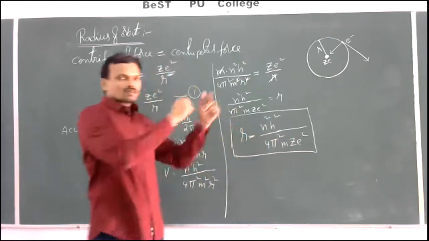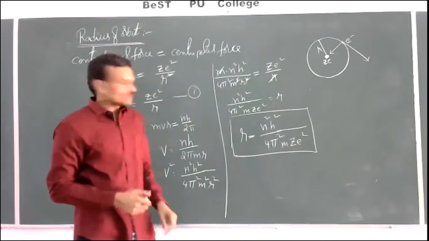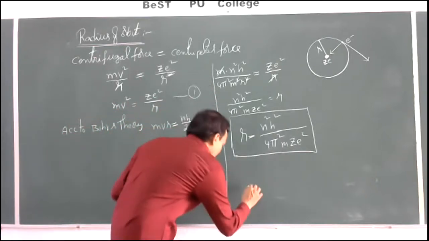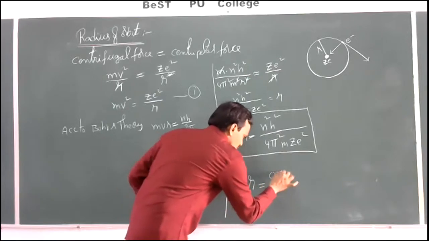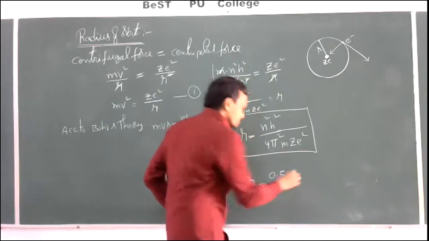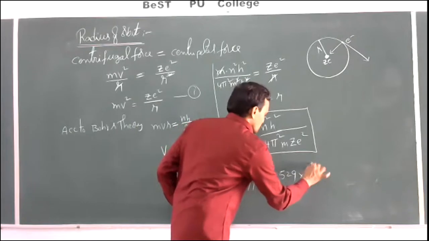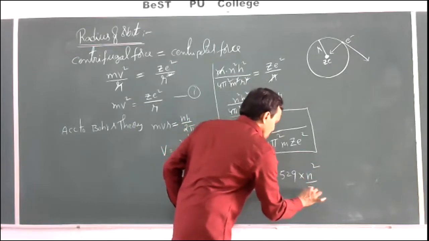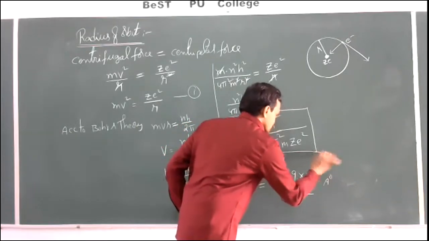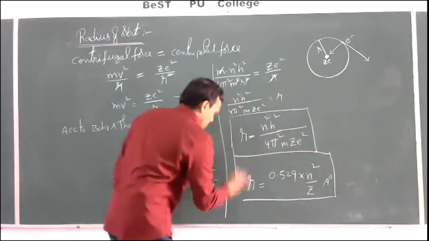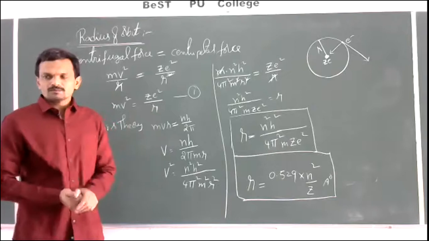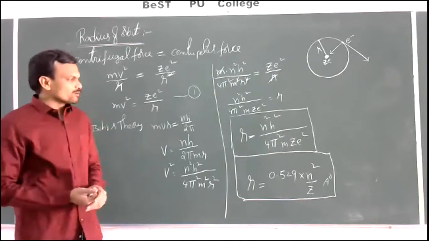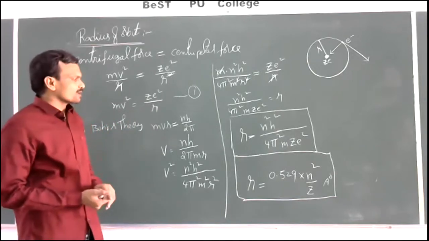By substituting all the remaining values and simplifying, you can get R is equal to 0.529 into n square by Z angstroms. This is the value of R in terms of angstroms. The same can be expressed in nanometers or picometers also.